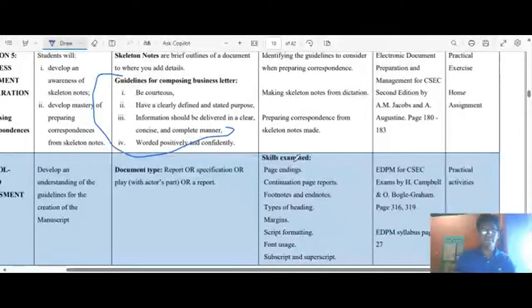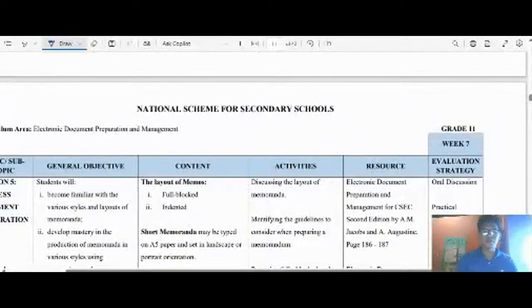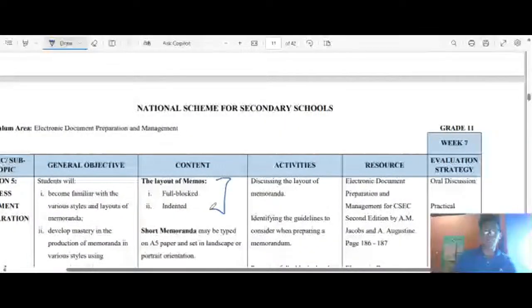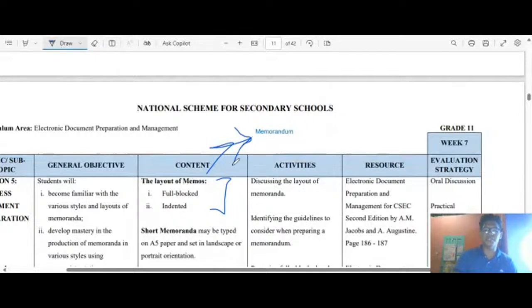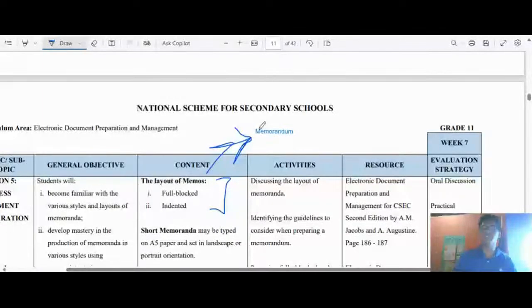So moving on. The layout of memos: there is fully blocked and there's indented. Memo is short for memorandum. A memorandum is a business document that is sent between persons within a business.